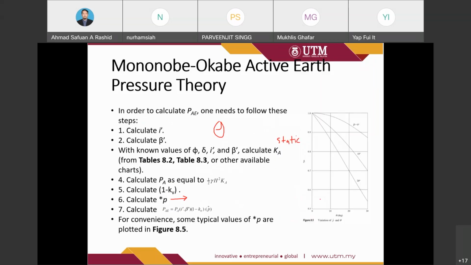Then calculate PAE equal to PA times I prime beta prime times 1 minus KV times P asterisk. The P asterisk can also be determined based on this figure 8.5. We need to know theta, relate it with the beta value, and later determine the asterisk P. So that is the procedure using this Arango approach.